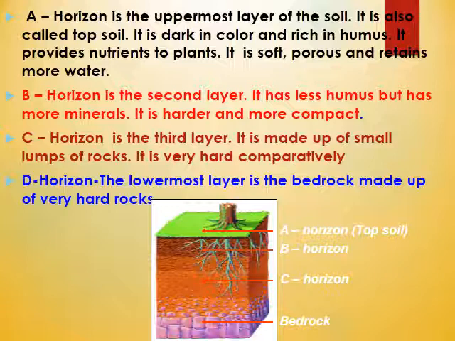The sequence of horizons from surface downwards, or the vertical section or structure of the soil, is called soil profile. There are 4 horizons: A horizon, B horizon, C horizon and D horizon.